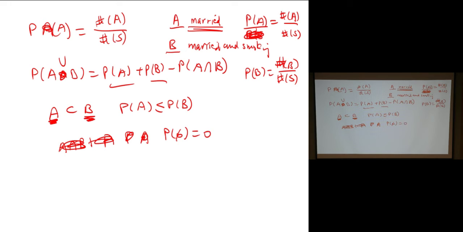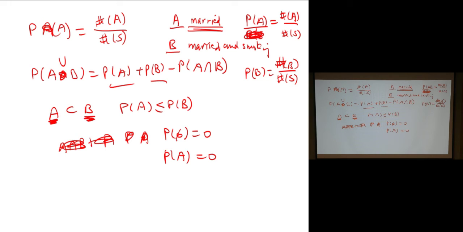So if probability of A is equal to 0, does it mean that A is an empty set? I purposely trick you. Think of it.